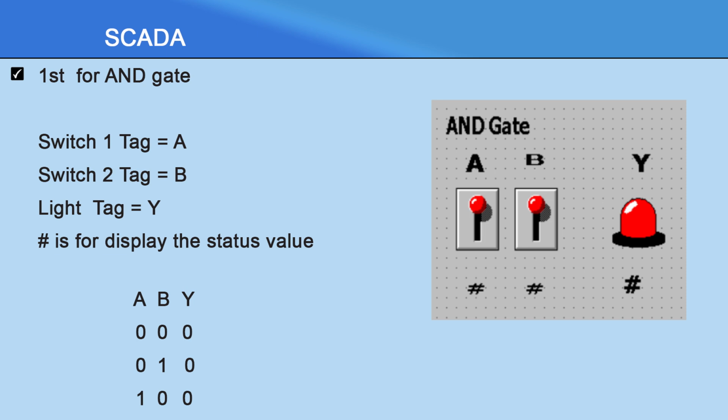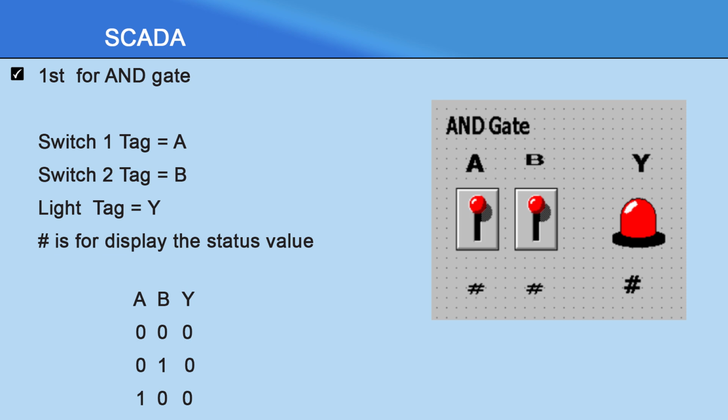But here we are using the script method to perform the AND operation. Let us see how we can do it. The light tag is Y, and the hash is used to display the status value for both the A and B switches and for the Y light indicator, so that we can see the current status of the switches and the light indicator.